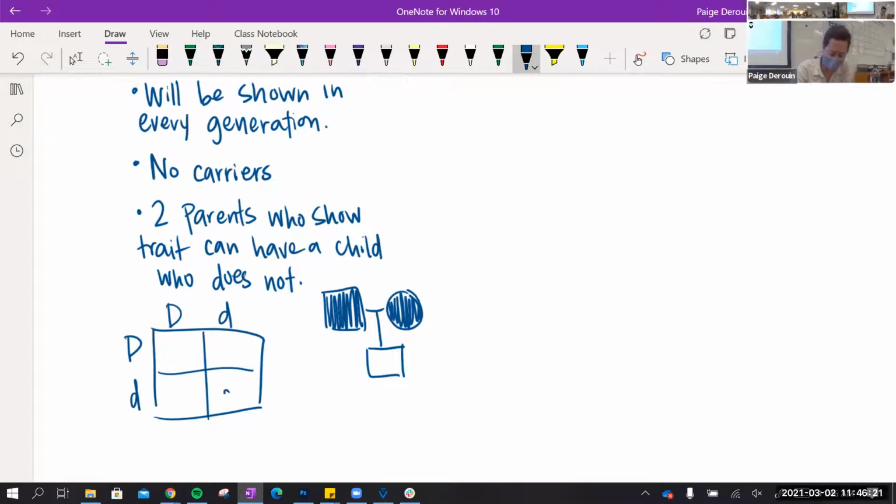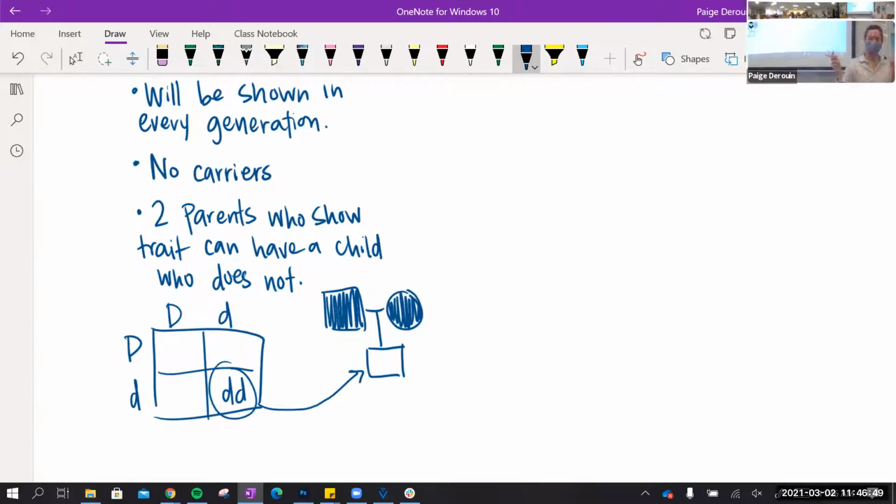This would be your son, two small letters. In a recessive trait, this could never happen because if these two people had the trait, they would be lowercase, lowercase, lowercase, lowercase. That means this would have to be someone who had the trait because there would be only lowercase letters to give, right? So this is only possible when the trait is dominant.